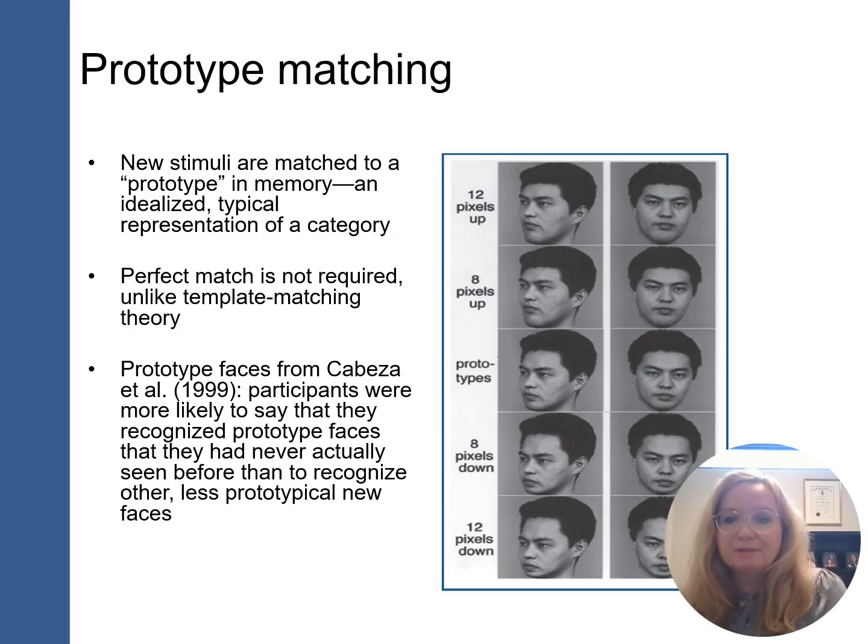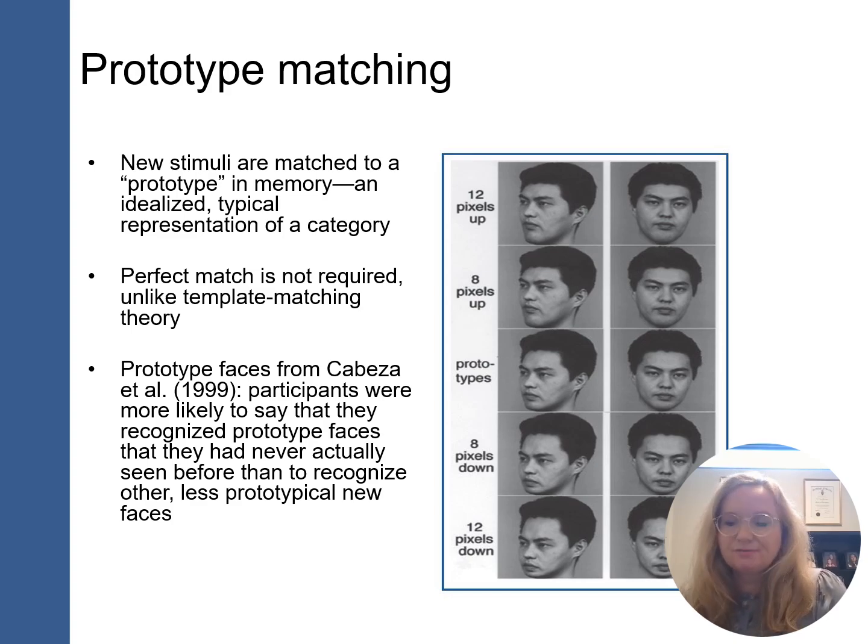But template matching theory would really say you'd have to have exactly the same thing, a perfect match. Like if you have a letter written in a different font, you wouldn't be able to recognize it. The prototype approach would be able to accommodate a font difference, things like that.